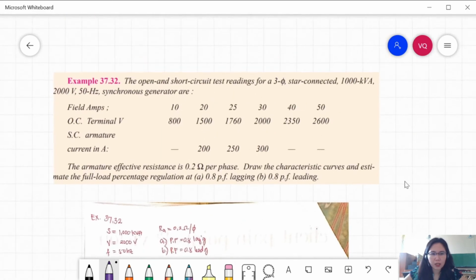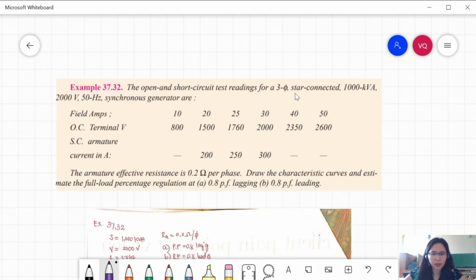Now, since this is three-phase star connected, we will convert all the open circuit terminal voltages into per phase because in a Y-connected alternator, the line current and the phase current are equal, but they differ in terminal voltages. Remember in your circuits that E line is equal to the square root of 3 times E phase.